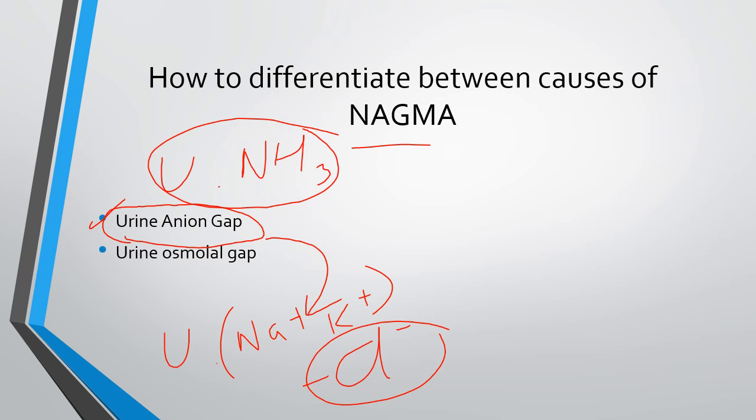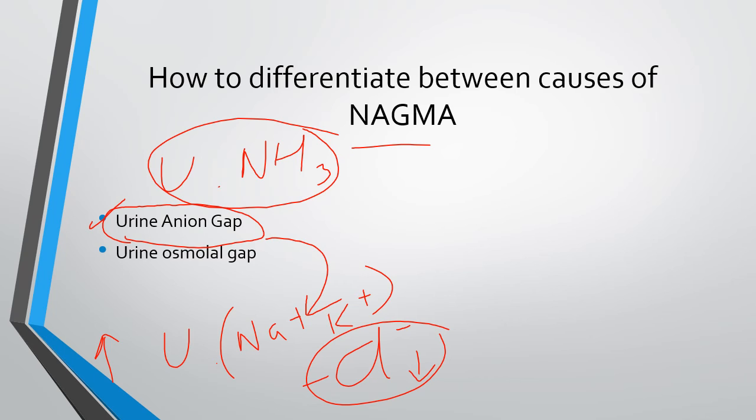But if there is a renal problem, the chloride cannot be excreted. So obviously the urinary chloride level will decrease and the urine anion gap will increase. So basically a positive value of a urine anion gap suggests a renal cause of normal anion gap metabolic acidosis, and a negative value suggests a GI cause of normal anion gap metabolic acidosis.